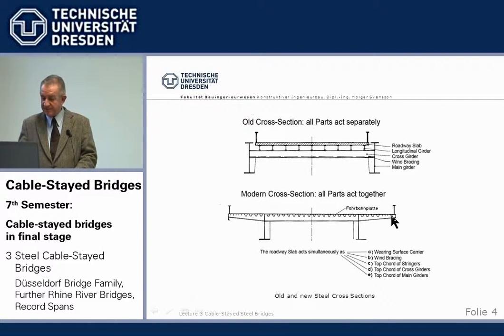And in transverse direction, the orthotropic deck is the web for, from wind transversely, is the web for the top flange and bottom flange, which are the main girders in the transverse direction.